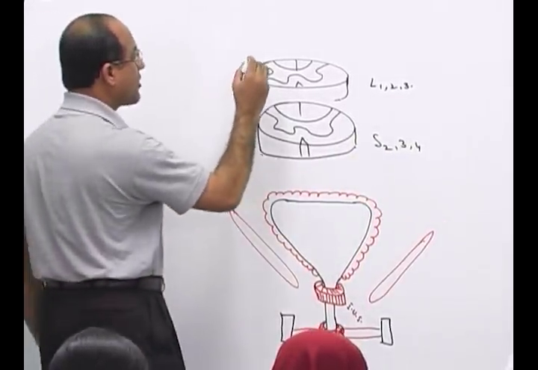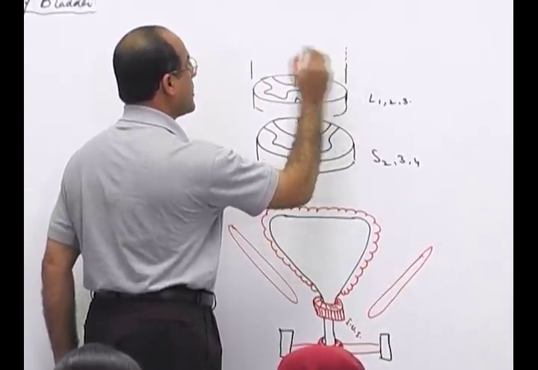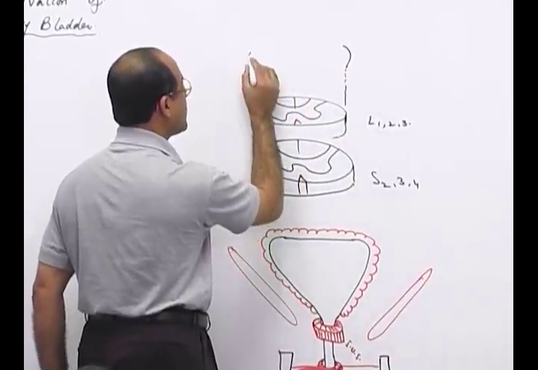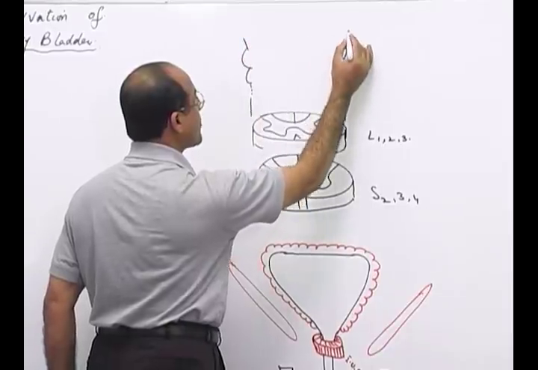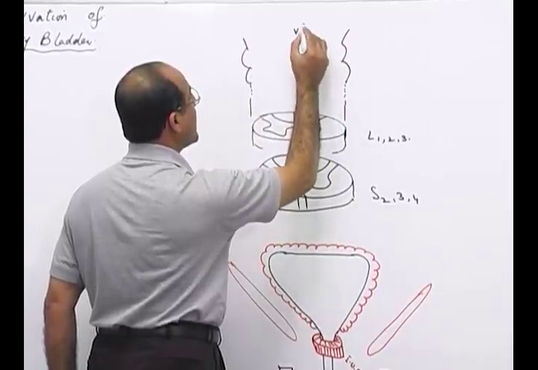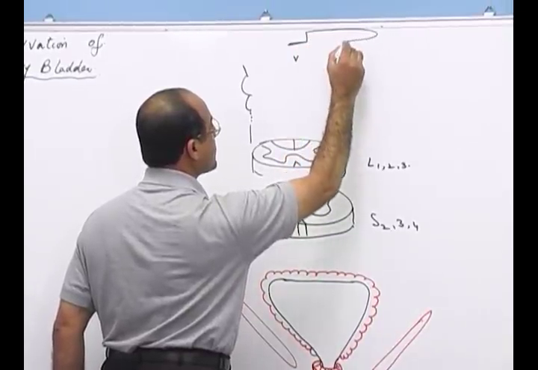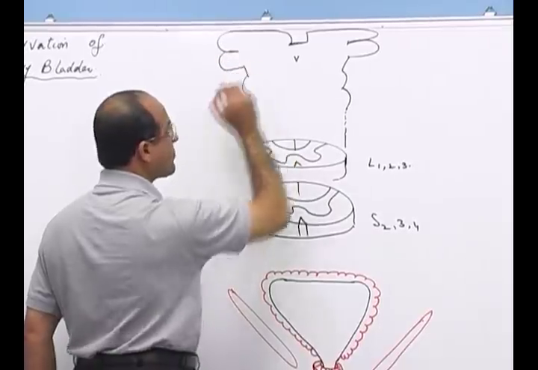And of course, when spinal cord goes upward, it will eventually reach, yes, medulla, then into pons, then into midbrain, and then there are higher centers, of course, cortical areas.